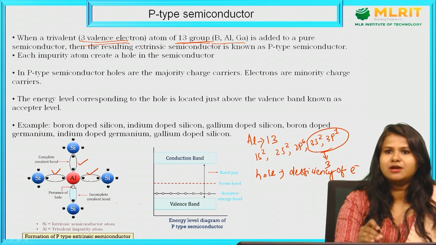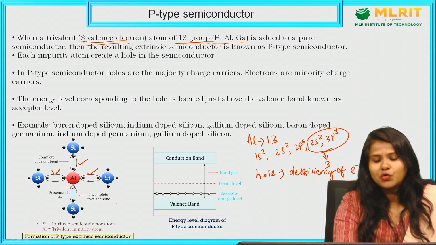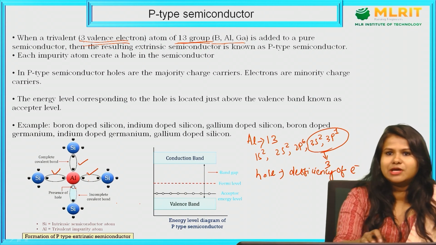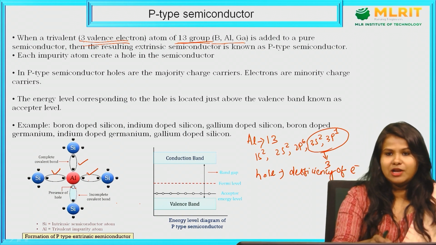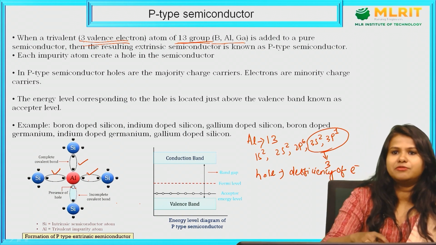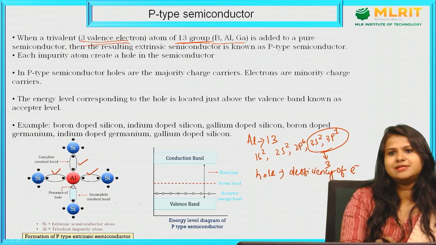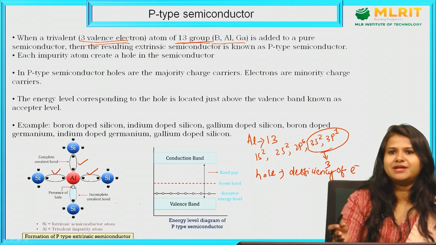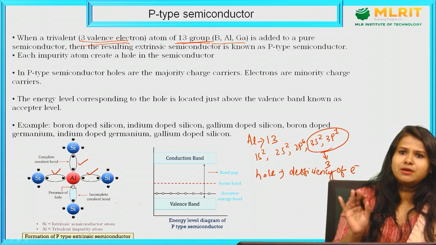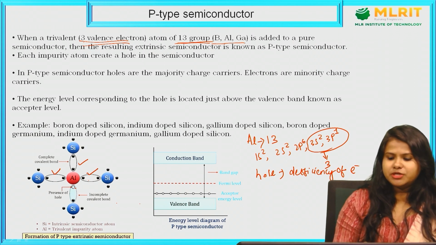As we have a deficiency of 1 electron, we consider it a hole. So, there will be a number of holes. If we add a number of aluminum atoms to silicon, we get a number of holes, and these holes act as the majority charge carriers for P type semiconductors, and electrons will be the minority charge carriers.